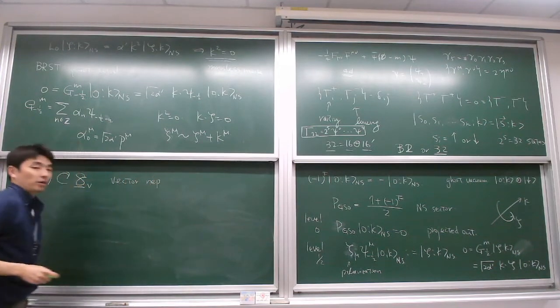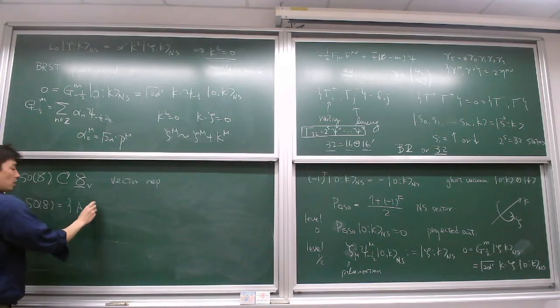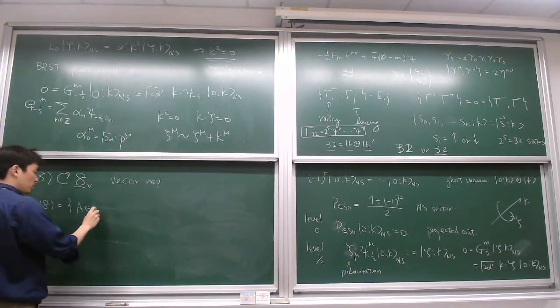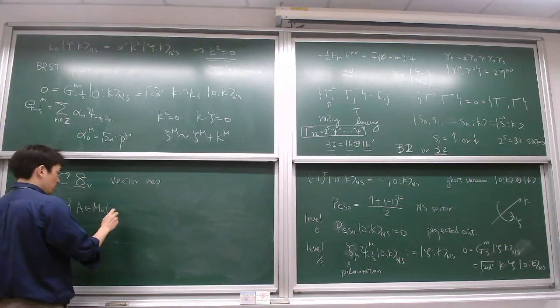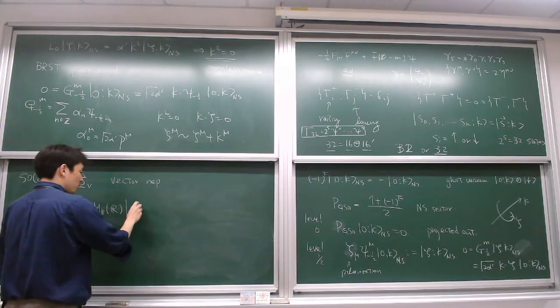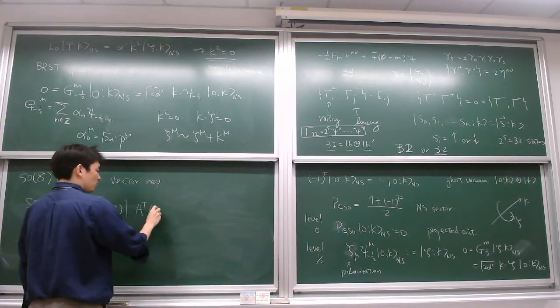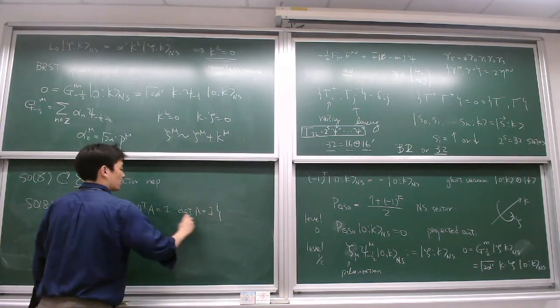So the vector representation is very simple. What is the definition of SO8? SO8 is 8 by 8 matrices A, and then we just impose A transpose A is equal to 1 and determinant A is equal to 1. Okay.